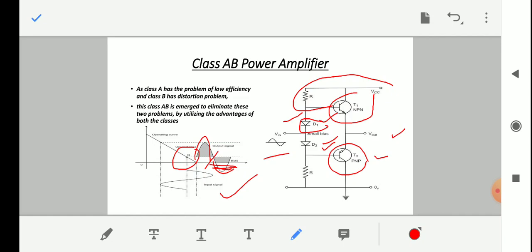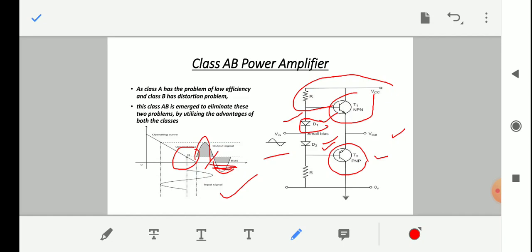Now for the negative half cycle, when the input voltage is above minus 0.7 volt, that means minus 0.6 volt, minus 0.5 volt, D1 will not conduct.